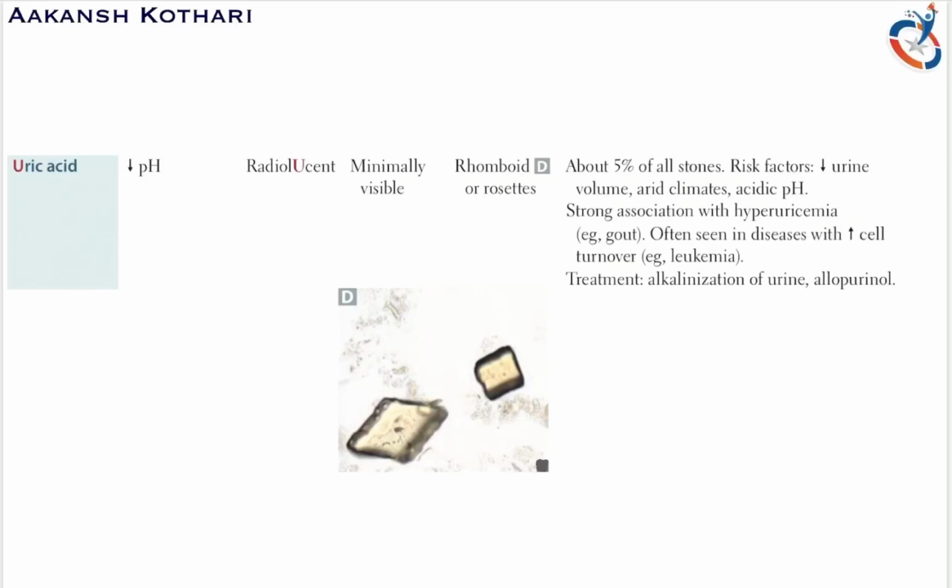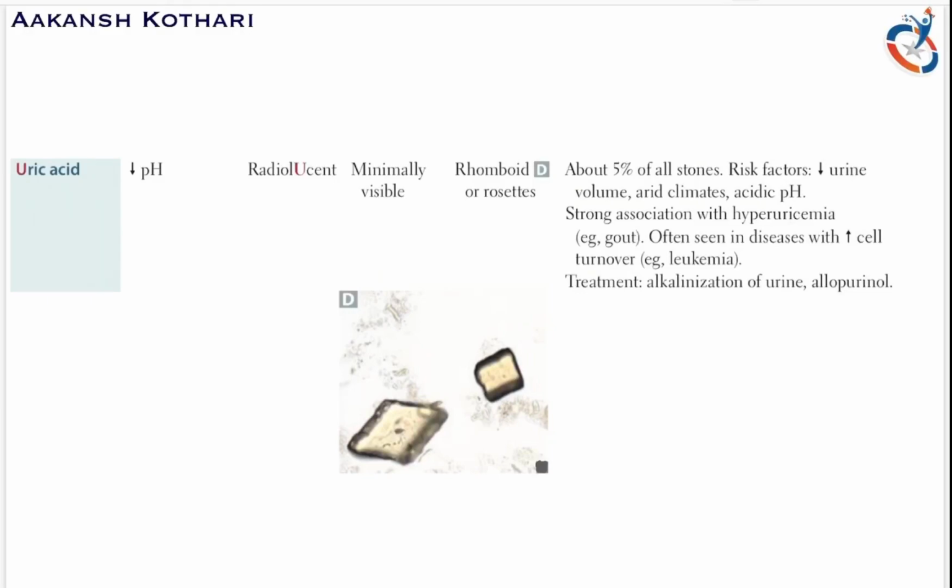It involves majorly hydration and alkalization of urine. That can be done by potassium bicarbonate, or if the person has gout, gout is treated by allopurinol. So, if we cure gout, these uric acid stones also resolve.